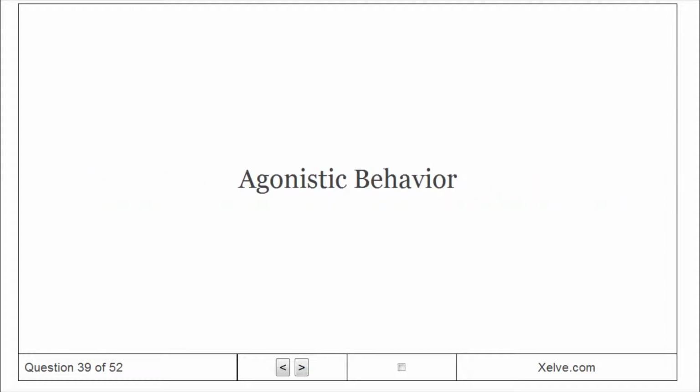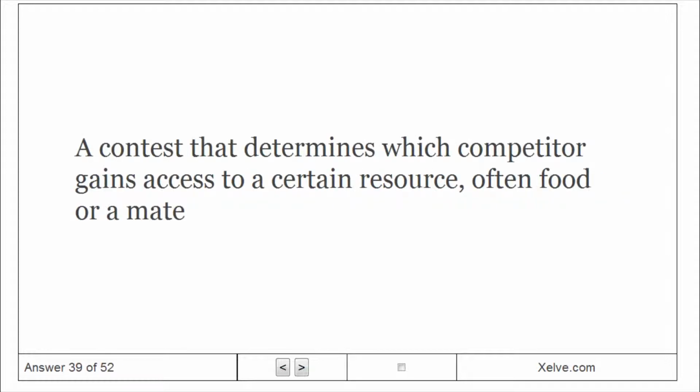Agonistic behavior: a contest that determines which competitor gains access to a certain resource, often food or a mate.